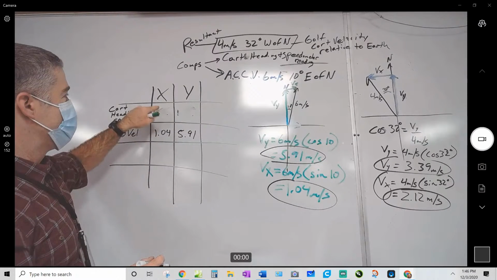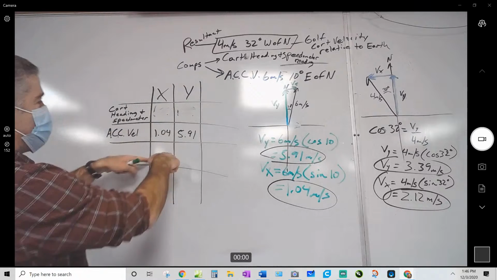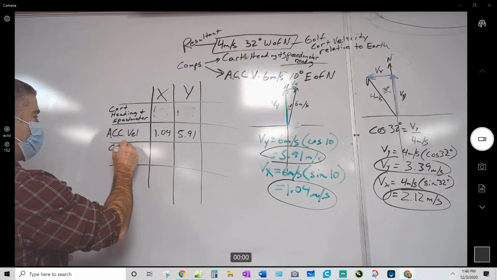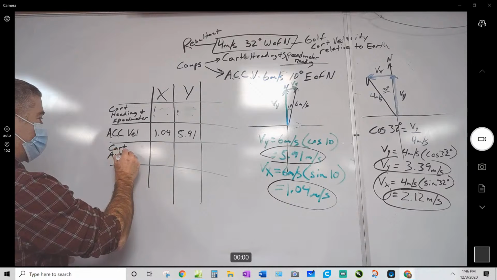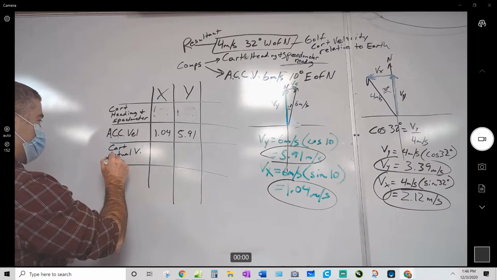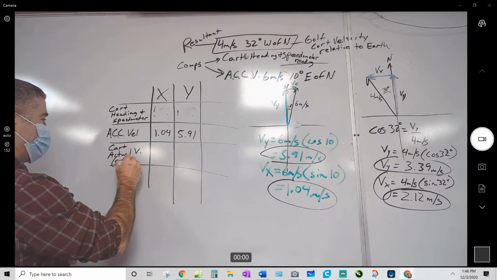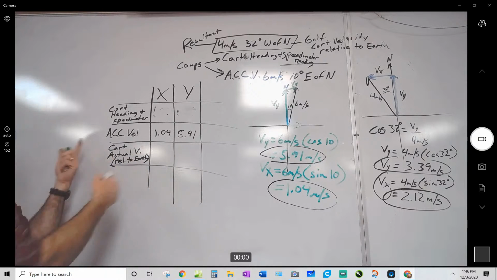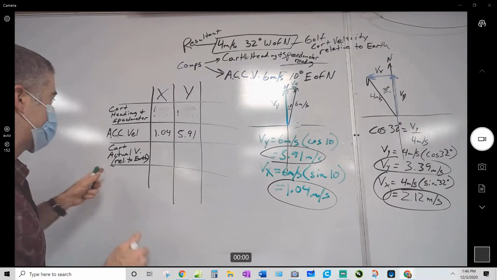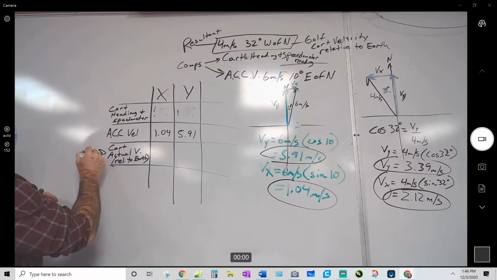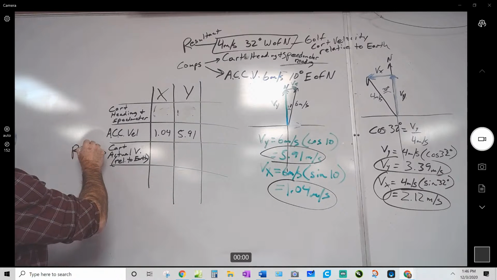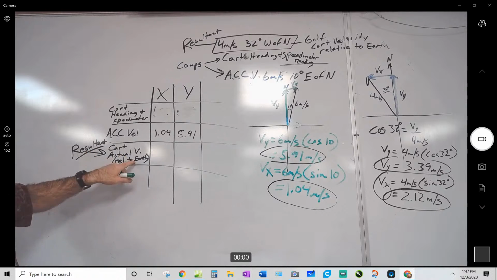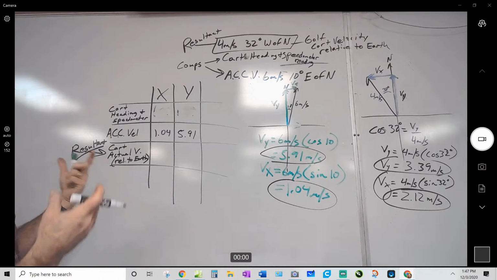And then finally, these two component vectors add up to the resultant. This is the cart's actual velocity relative to the Earth. When you're solving one of these problems, you don't have to have all this notation. I'm just trying to emphasize that this is always going to be the resultant, whoever the star of the problem is. If that's velocity relative to the Earth, that's what we're looking for.